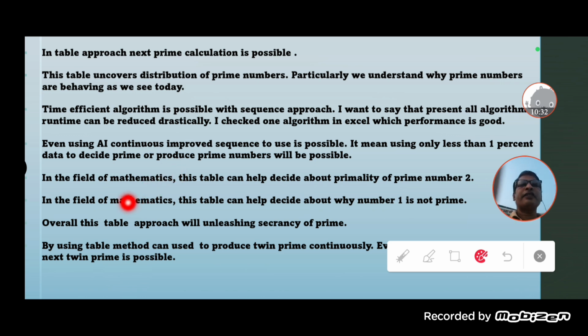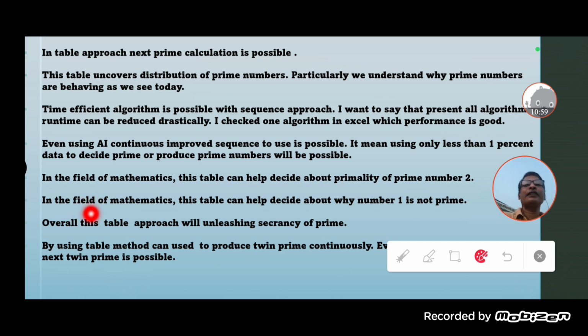Then the next insight is that in the field of mathematics, this table can help to decide the primality of the prime number 2. Nowadays, we have a doubt regarding the prime number 2, whether it is prime or not. But from this table, we definitely get the answer about the number 2.